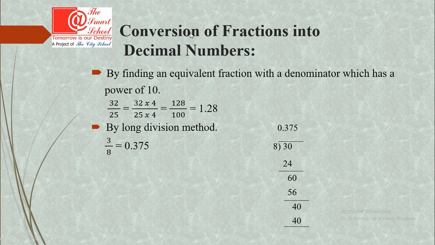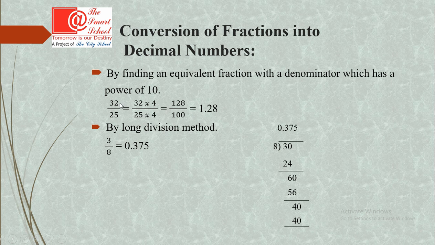Now, conversion of fractions into decimal numbers. When we want to convert a fraction into a decimal number, we have two ways to do it. By finding an equivalent fraction with a denominator which is a power of 10. Like we will make the denominator 10 or 100 or 1000 or any number which is a power of 10.